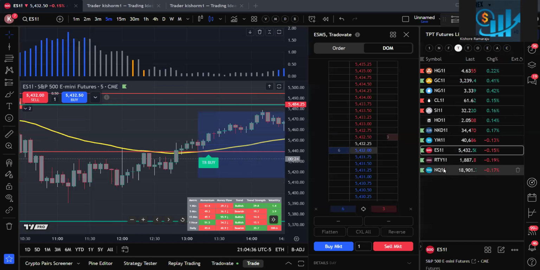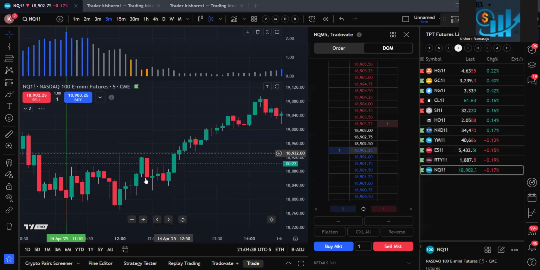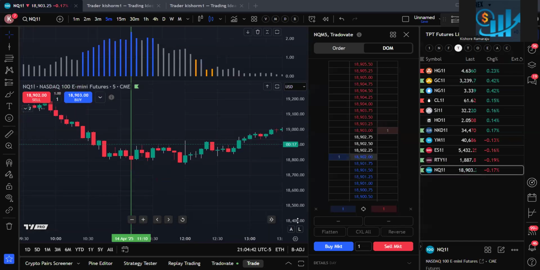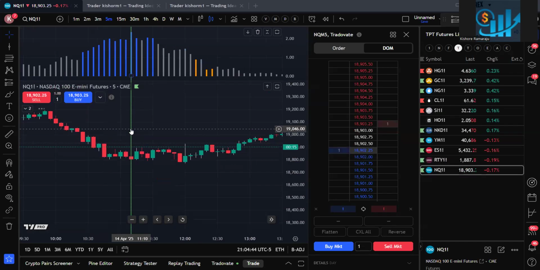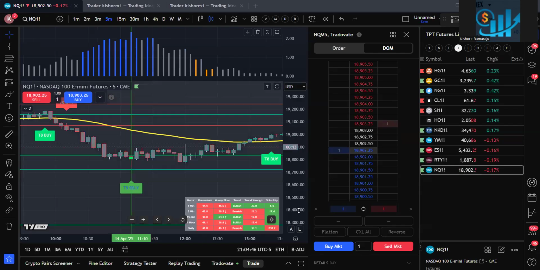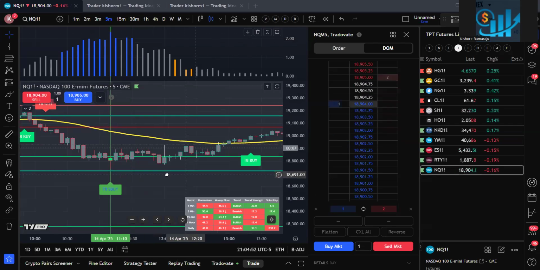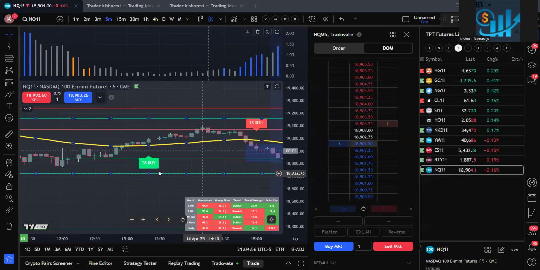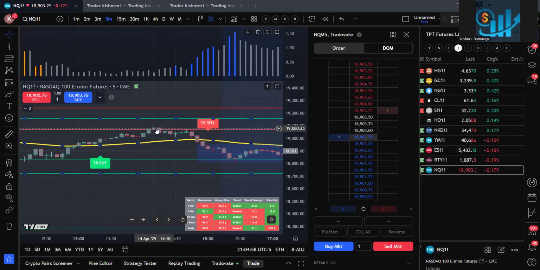If you see NQ, we got T8 strong buy, nice bullish bar. NQ went nearly from 18,800 all the way to 19,080.